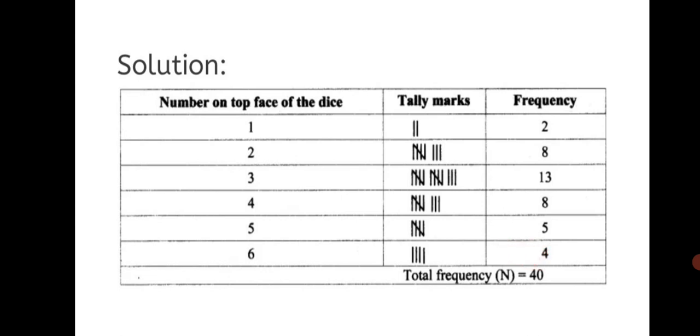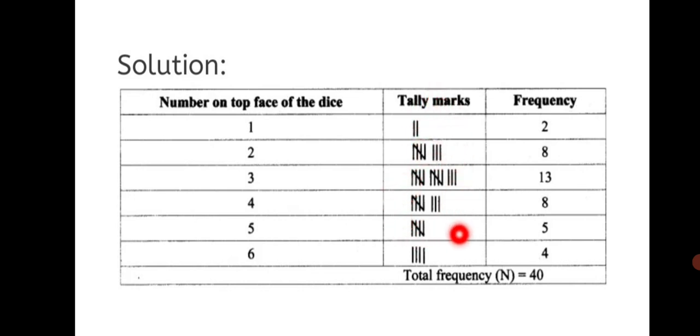So this way, all you have to do is form a table, write the columns and enter the numbers which are given in the question in ascending order, first in the first column, 1 to 6. Then from the question itself write the tally marks next to each number, beginning with the number given first, then the second, then the third.